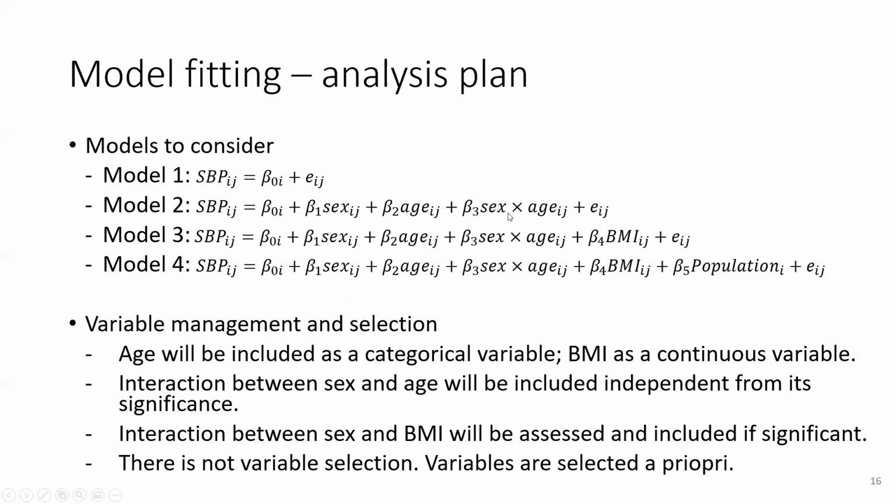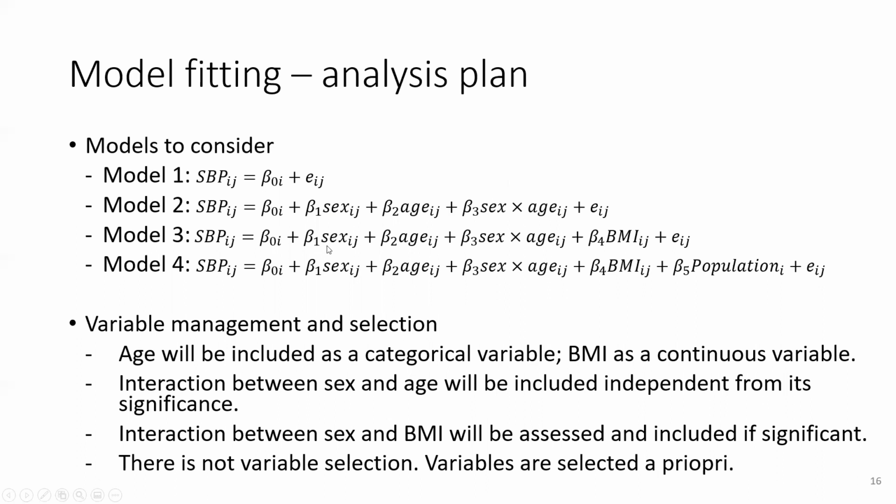There might be an interaction between sex and age. We do not know, but we want to know what the differences are, or if there are no differences. So yes or yes, we are going to include their interaction term, regardless of its significance.